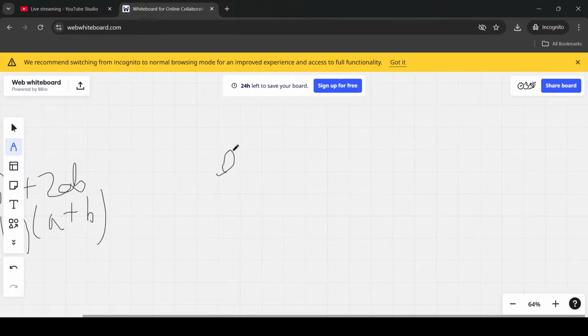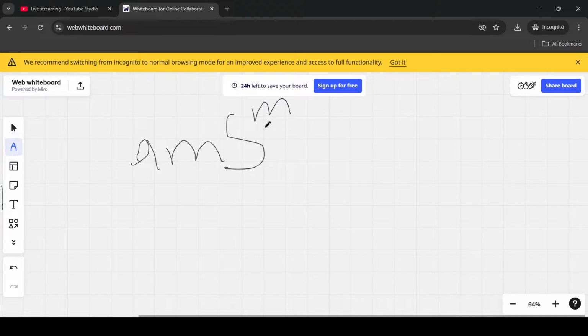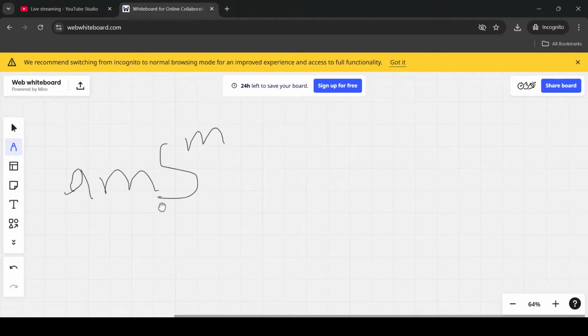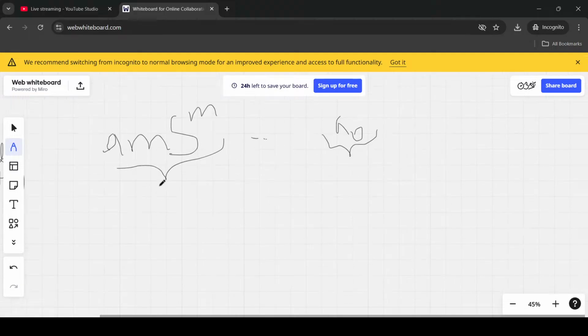a_m s to the power of m. I think it was n here. Okay, we are just taking variables till a_0. This will become a constant and this will be a variable.